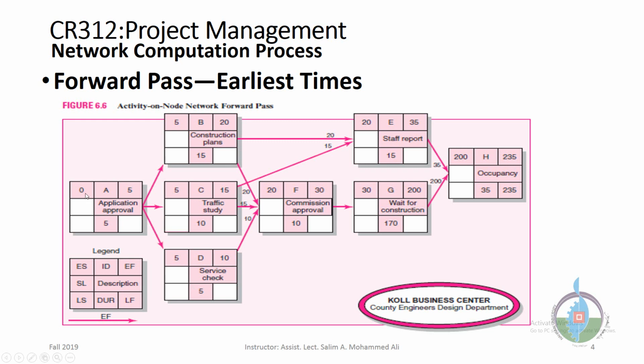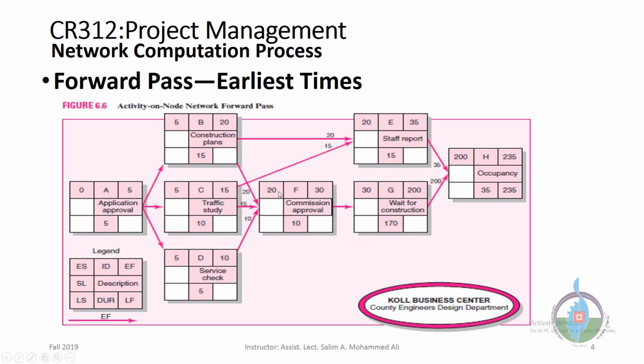But look here, we have 3 parallel activities, and they all go to activity F. Also B and C, they go to activity E. Okay. So what is the value of early finish or early start of F?